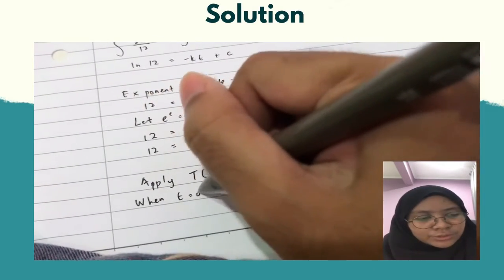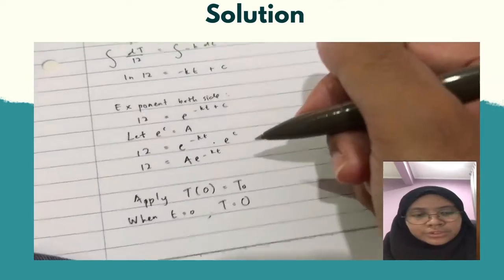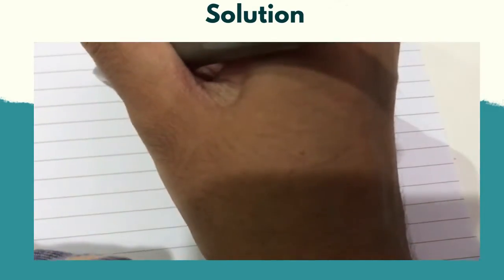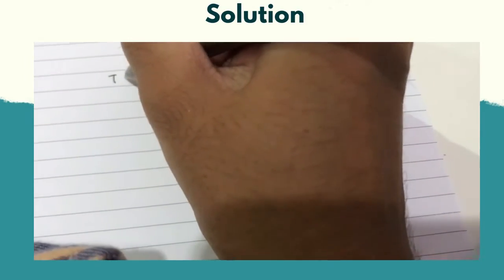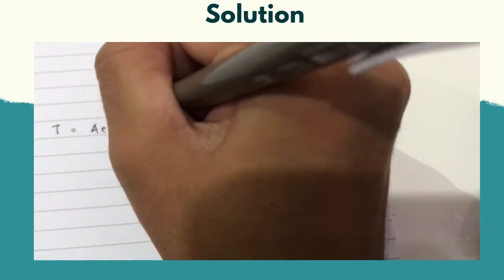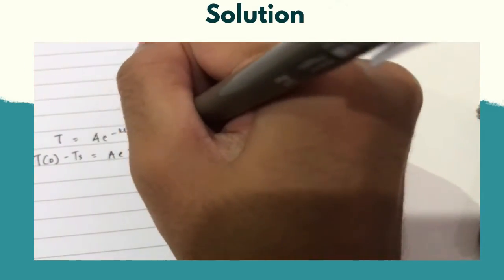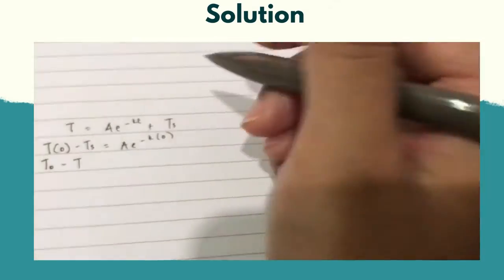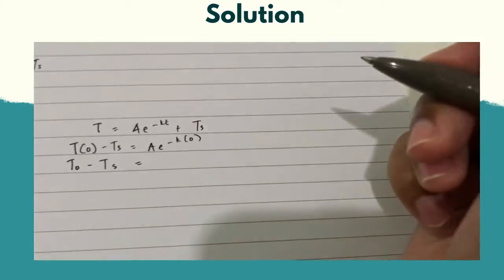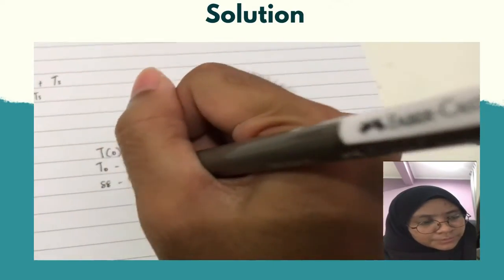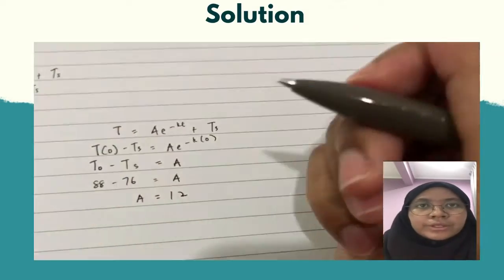When the time is equal to 0, the temperature is 0. So we substitute the value of T0 and TS. So we will get the value of A is 12.